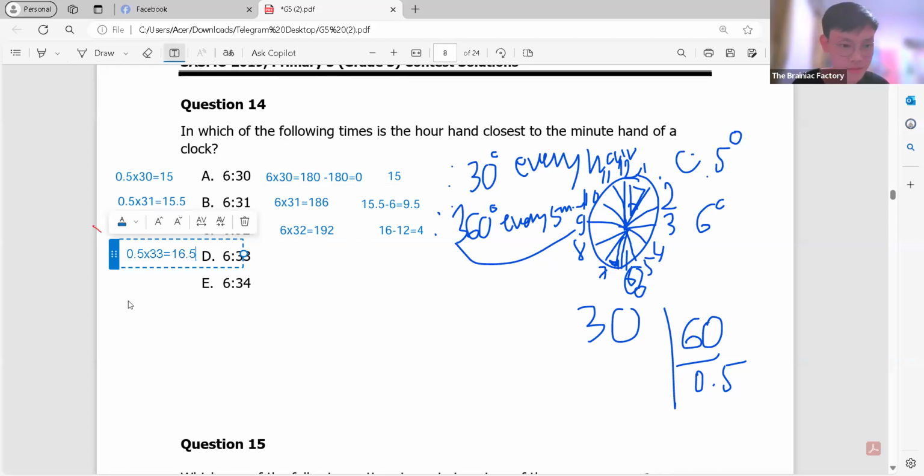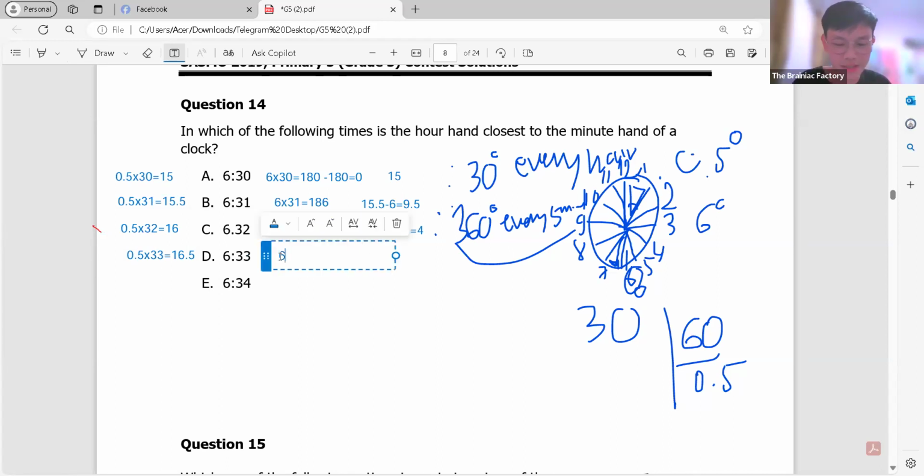16.5, I guess. If you find any mistake with my calculations, please unmute and tell me. And this one, we're having 6 times 33, which is 198.